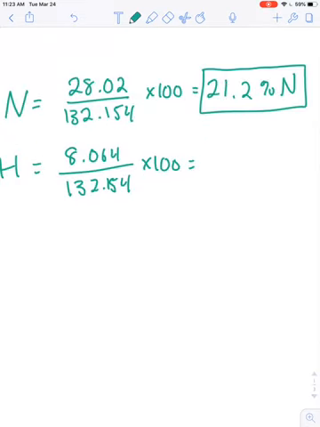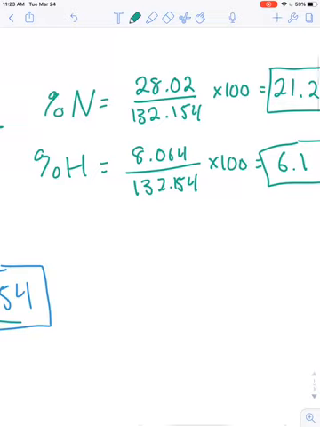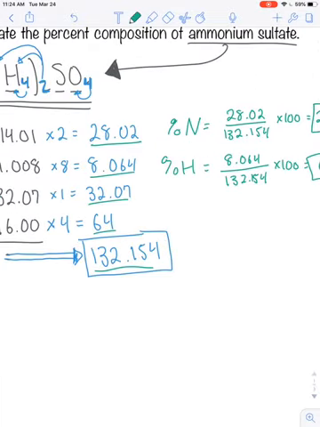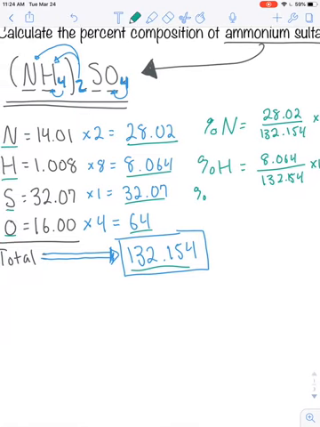And that's going to give us 6.1% hydrogen. So these are going to have a lot of answers. We'll do our sulfur next.